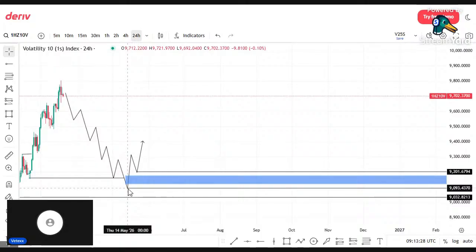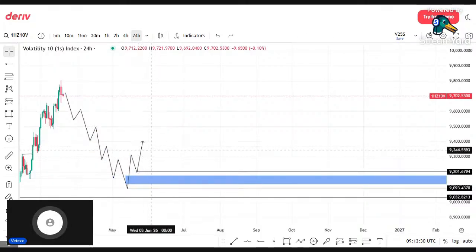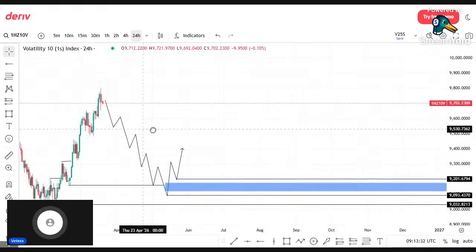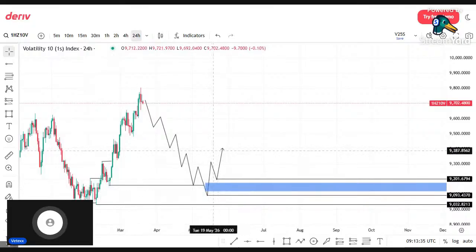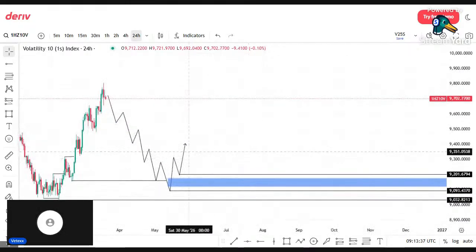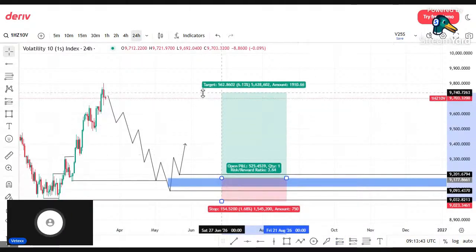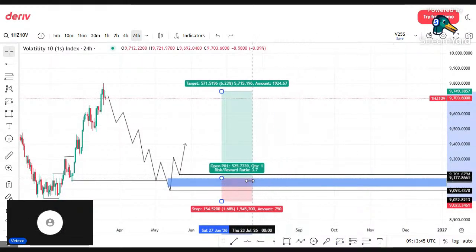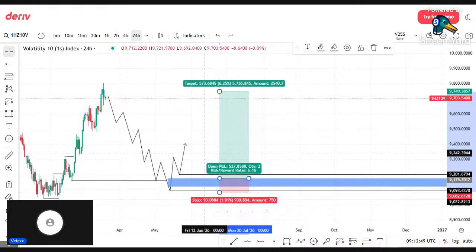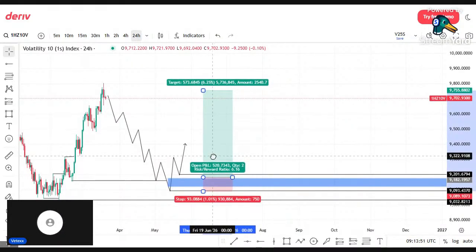So once we have this pattern form, remember this same pattern that is here is the same thing that is here on the lower time frame. So once price comes into this zone, we'll put our long toes and then anticipate for price to give a continuation on the 1 hour time frame. Then what do we do next?